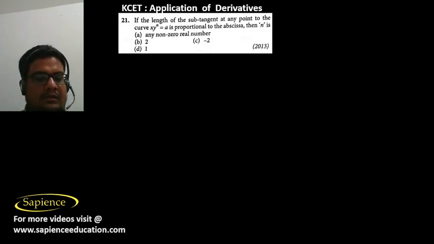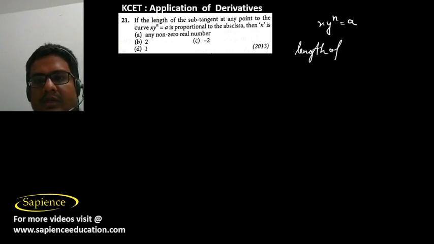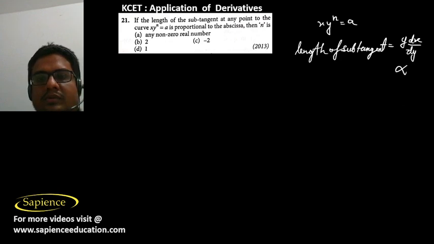Then question number 21 is told that the length of the subtangent at any point of the curve x y power n equals a constant is proportional to the abscissa. Then n is how much? It is told the length of the subtangent, y dx by dy, is proportional to the abscissa.